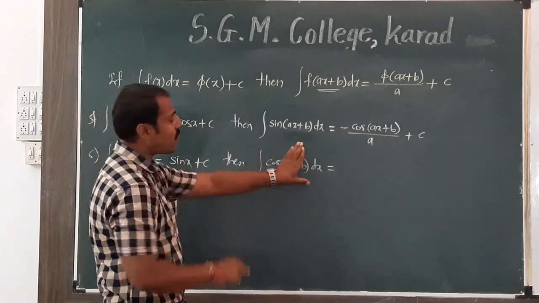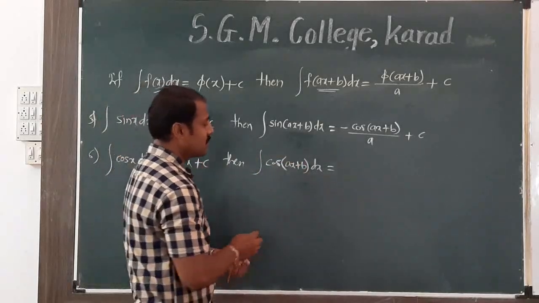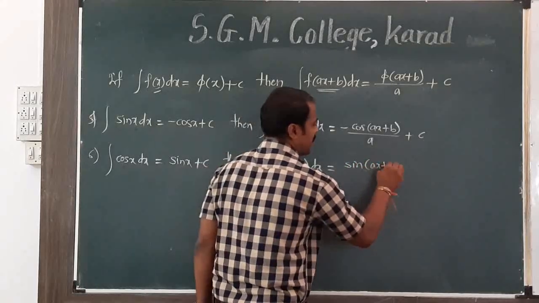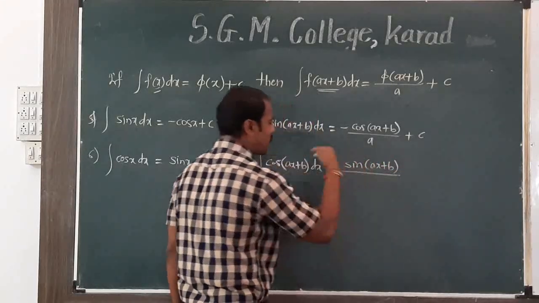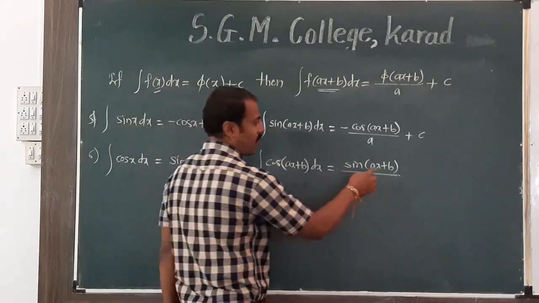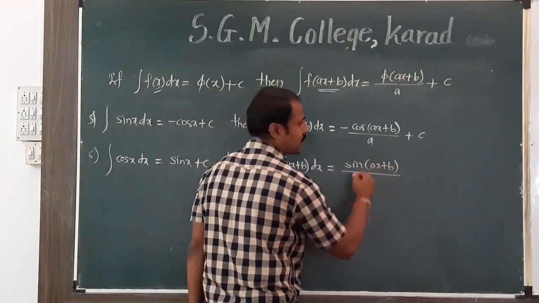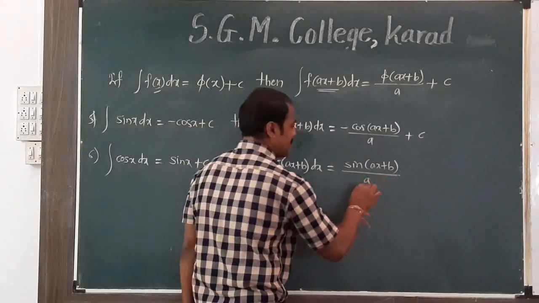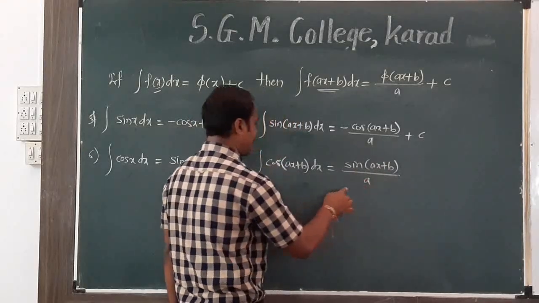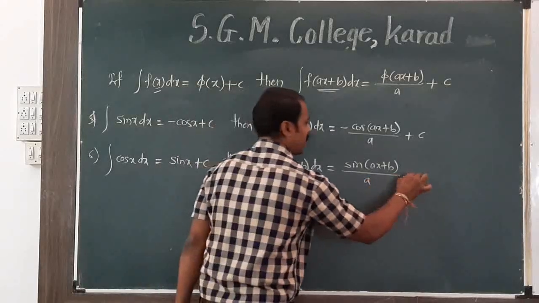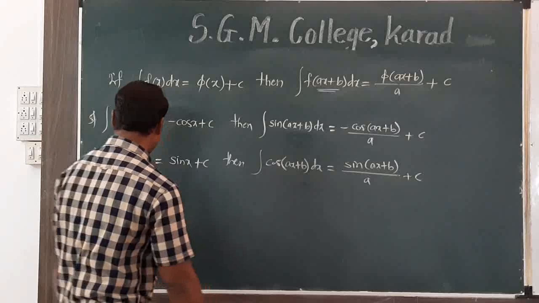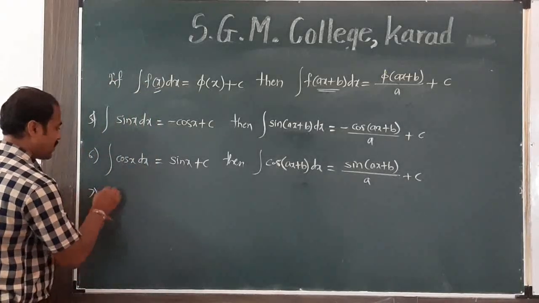So integration of cos of ax plus b is sin of ax plus b divided by the coefficient of x, or simply the derivative of ax plus b. Derivative of ax plus b is a. That is, sin of ax plus b divided by a is the formula for integration of cos of ax plus b dx.